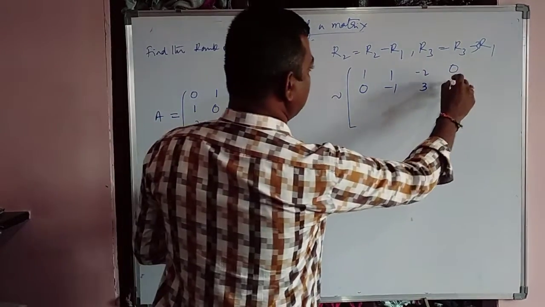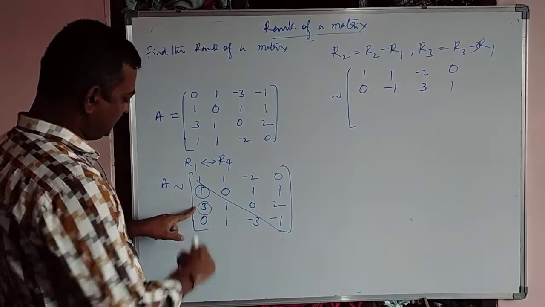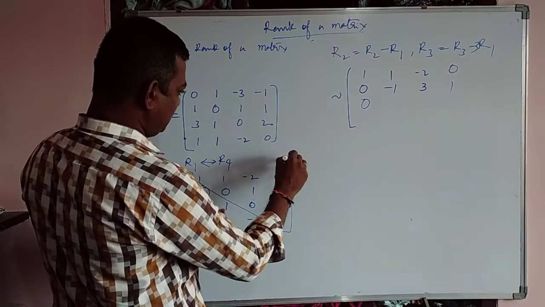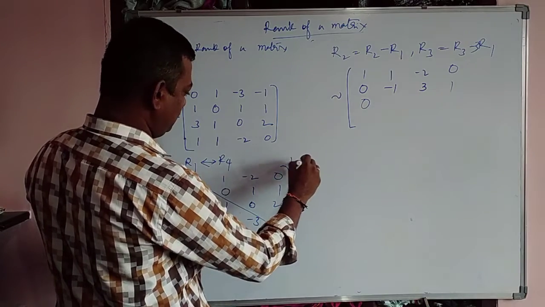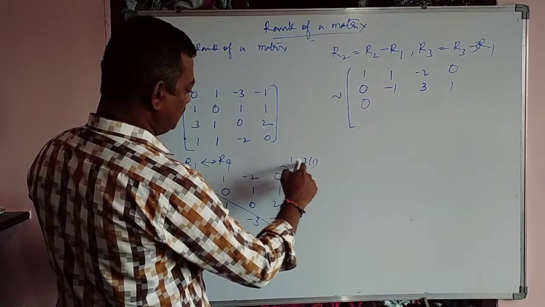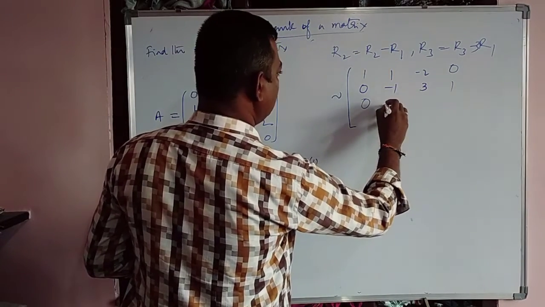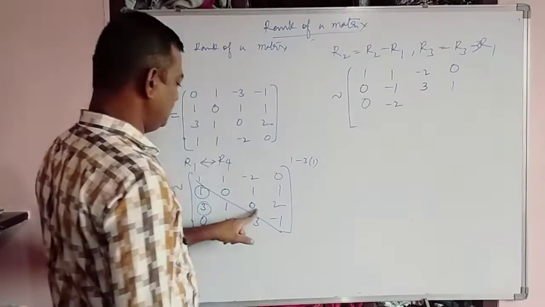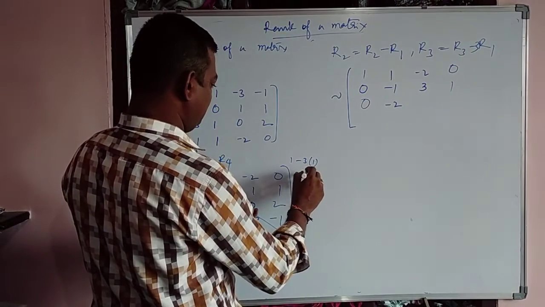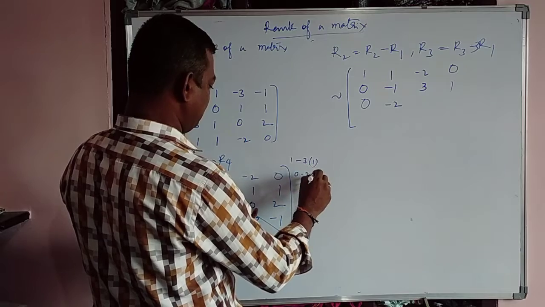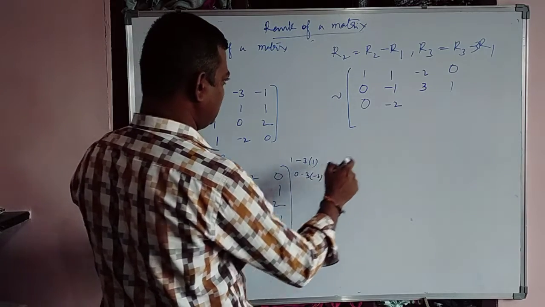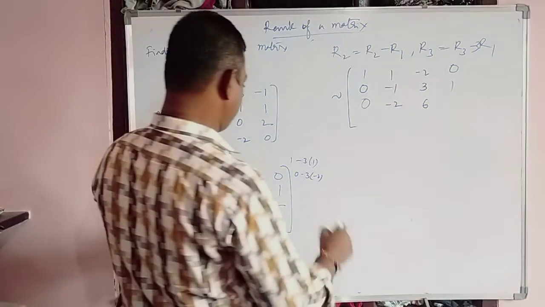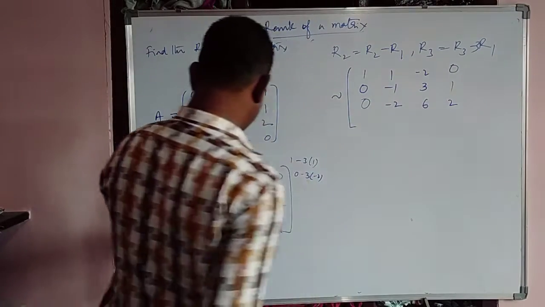So 1 minus 0 is 1. 3 minus 3 times 1 is 0. 1 minus 3 times 1, so 1 minus 3 is minus 2. 0 minus 3 times minus 2 is 6. 2 minus 3 times 0 is 2.